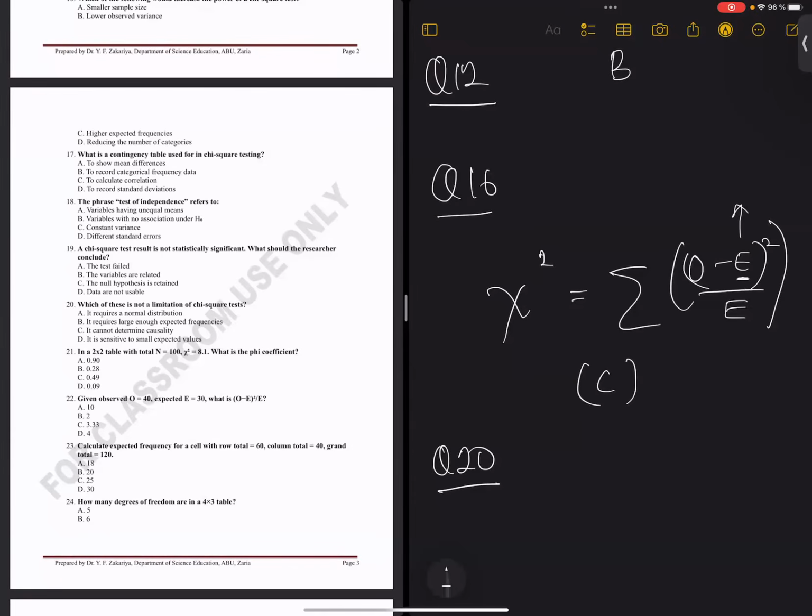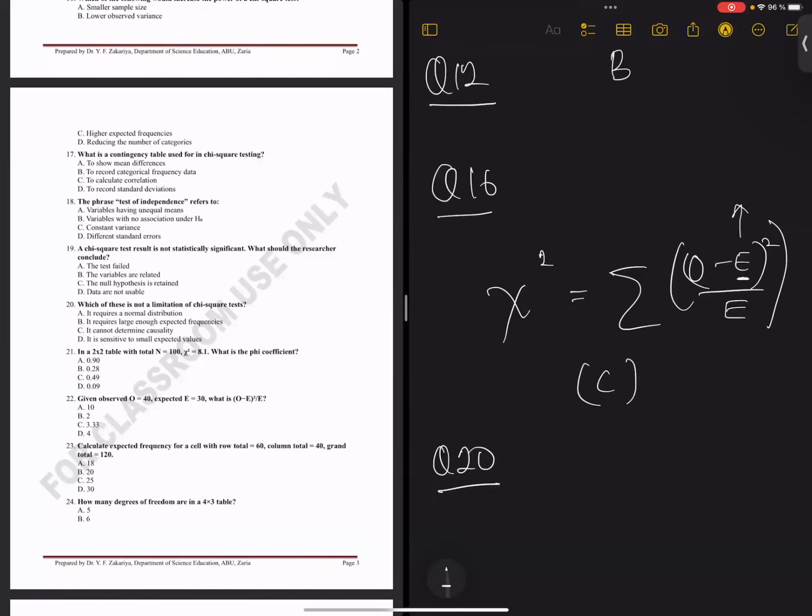A, it requires a normal distribution. B, it requires large enough expected frequencies. C, it cannot determine causality. D, it is sensitive to small expected values. Which of these is not a limitation of chi-square?